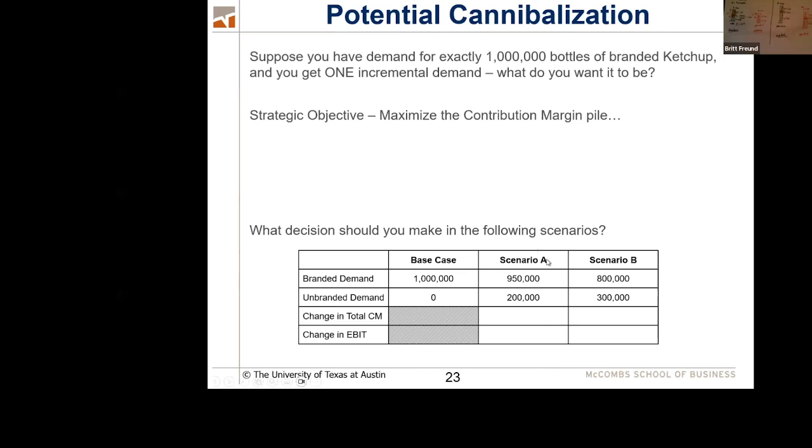And let me tell you about market research firm A versus market research firm B. Market research firm A, from their research, determined that Hunt's brand was fairly well branded, that people who went to the store to buy ketchup had a very strong preference for Hunt's brand, and a cheaper store brand would be unlikely to change their decision.